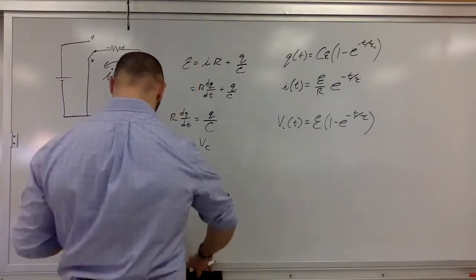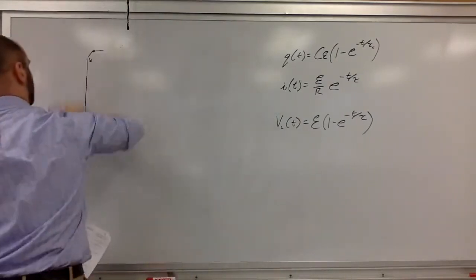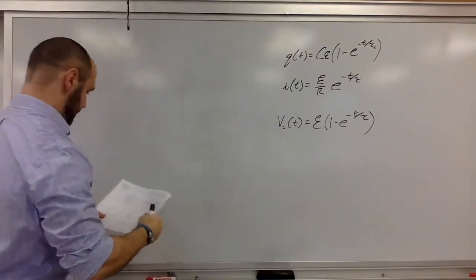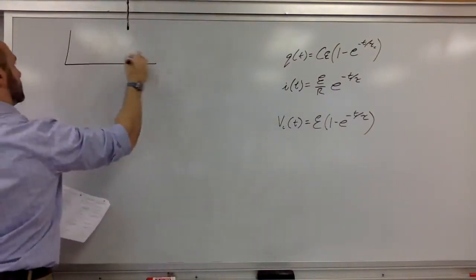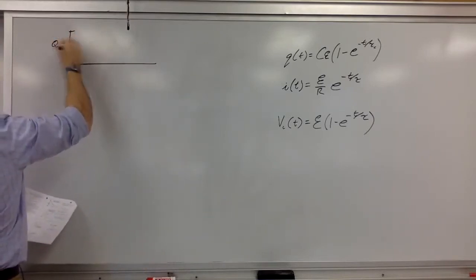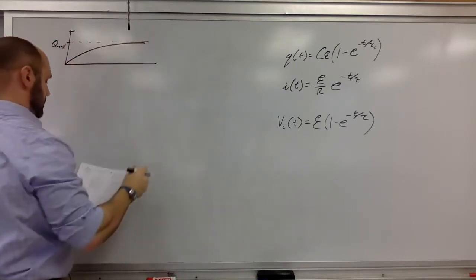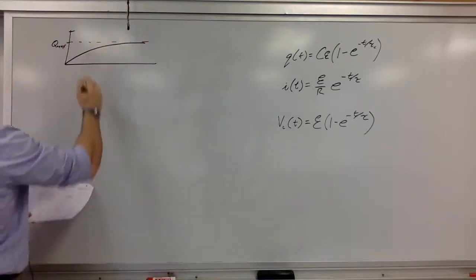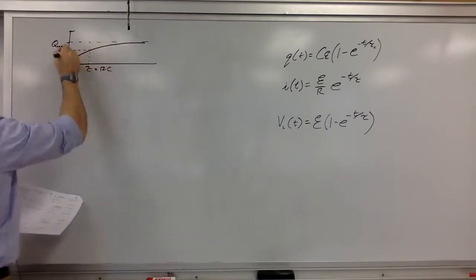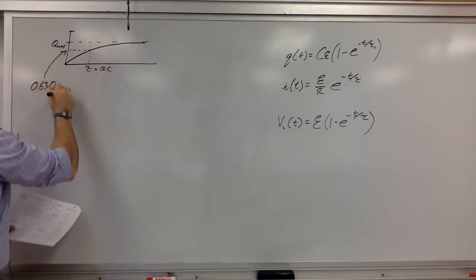And so this should look familiar from this form of the equation from drag. Right, and so if this is Q max right here, the idea is that after one time constant, so here tau, which is equal to RC, then it reaches 0.63 of Q max.